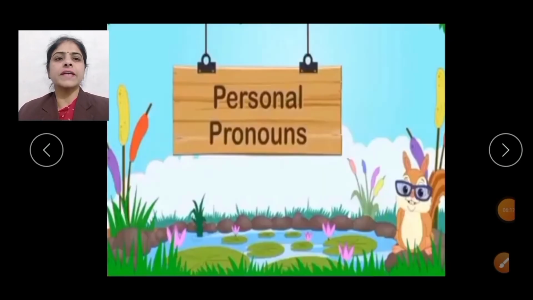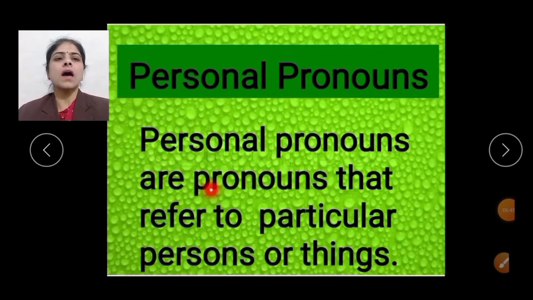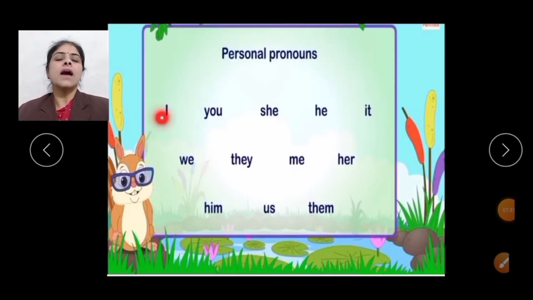The first one is personal pronouns. Personal pronouns are pronouns that refer to particular persons or things. These personal pronouns are I, you, she, he, it, we, they, me, her, him, us, and them.